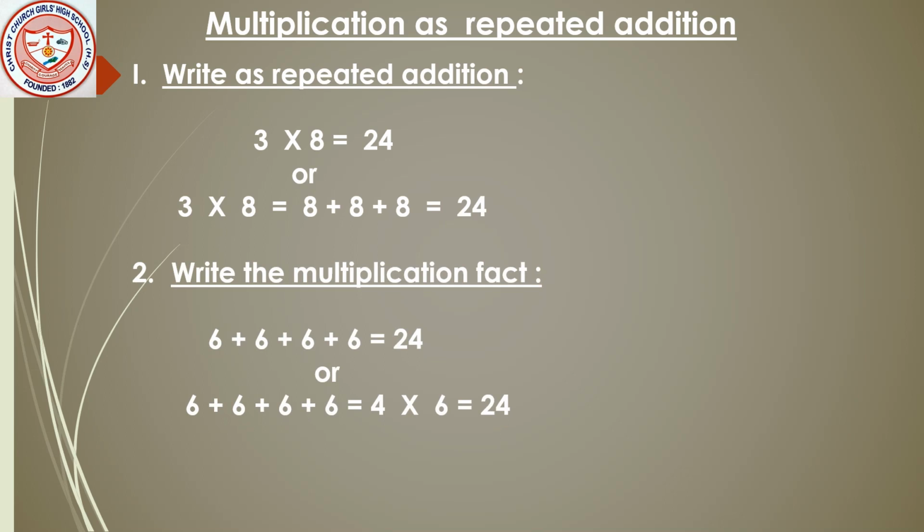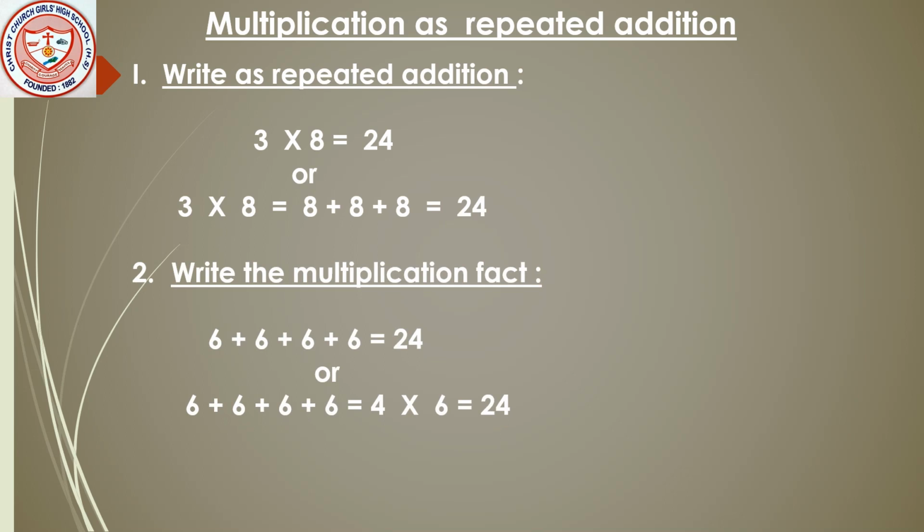Isn't it? So, how will we write this as a multiplication fact? We will write like this. 6 plus 6 plus 6 plus 6 is equal to 4 into 6 is equal to 24. Okay.